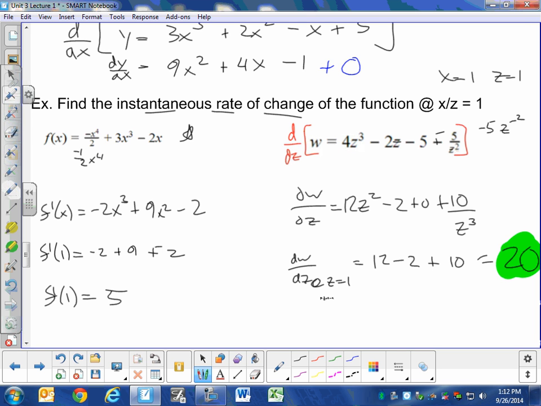So I get 12z squared minus 2 plus 0 plus 10 over z cubed. Find this derivative when z equals 1 to find the slope of this function when z equals 1. It's equal to 20. Very steep. Well, comparatively to 5, it's steep. But to other things, it's not that steep. Okay? Cool? All right.